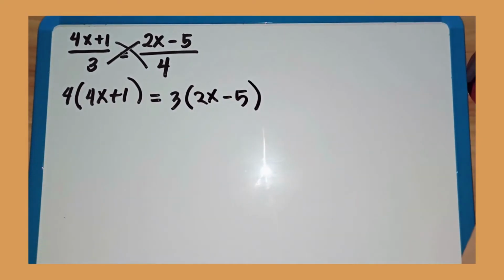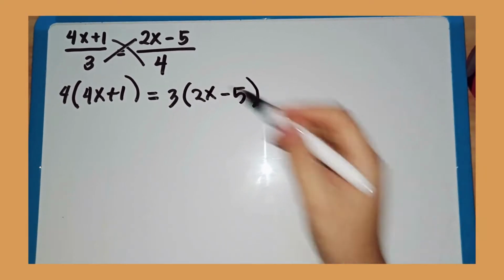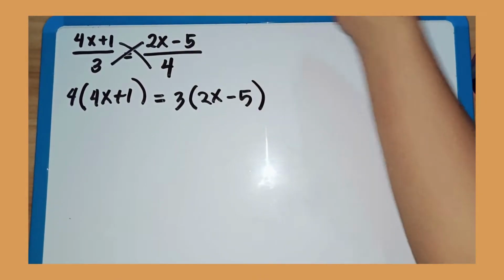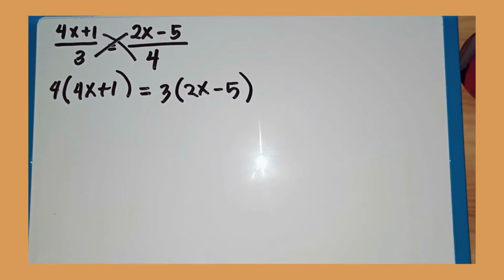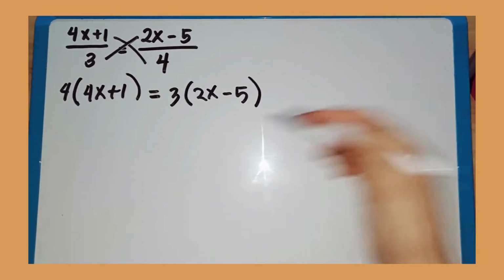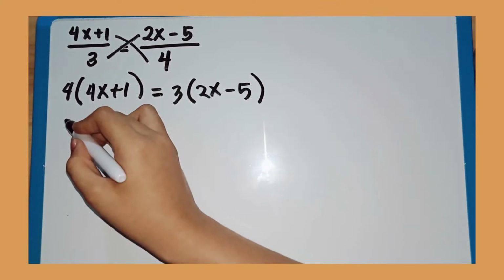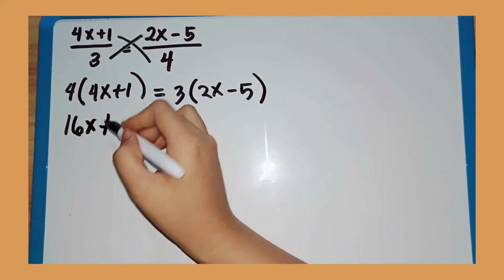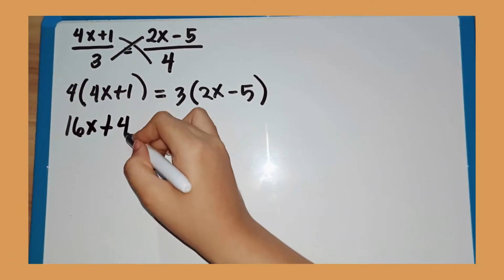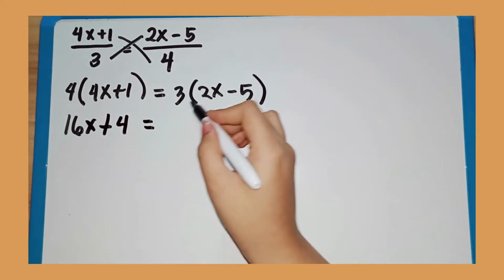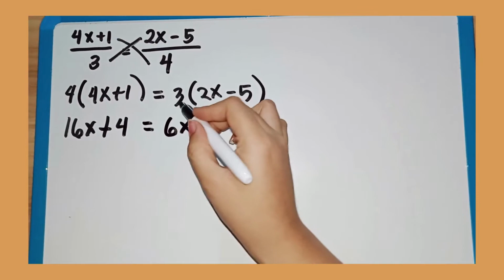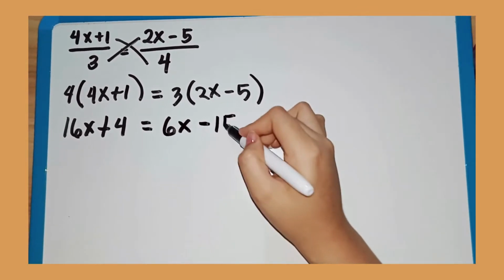Again, yung gagawin lang is to cross multiply. 4x plus 1, 3, 2x minus 5. And then, i-multiply na natin. 4 times 4x, that is 16x, plus 4 times 1, that is 4, equals 3 times 2x, that is 6x, copy negative, 3 times 5 is 15.